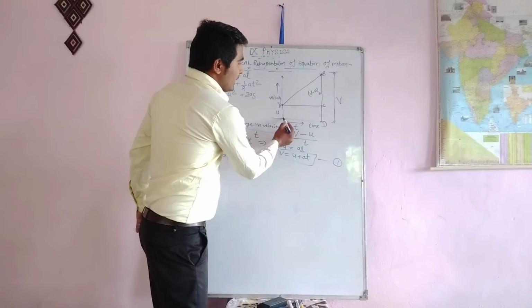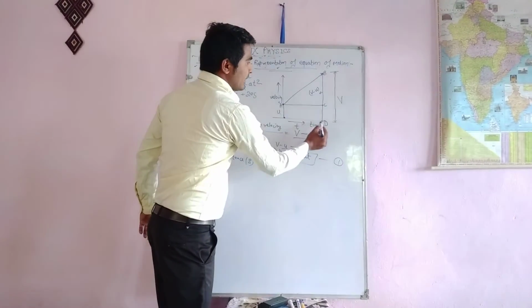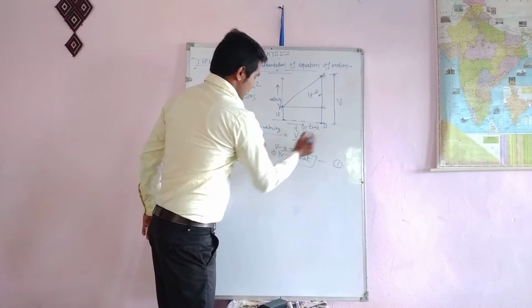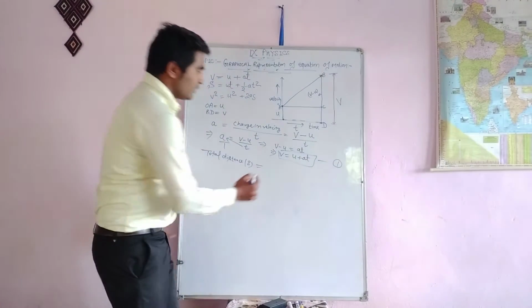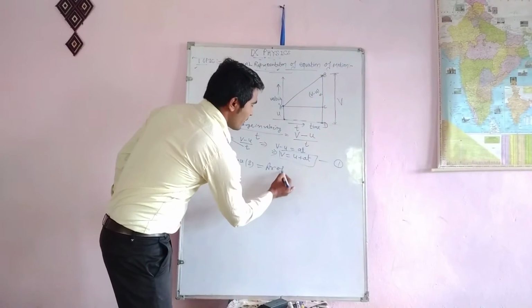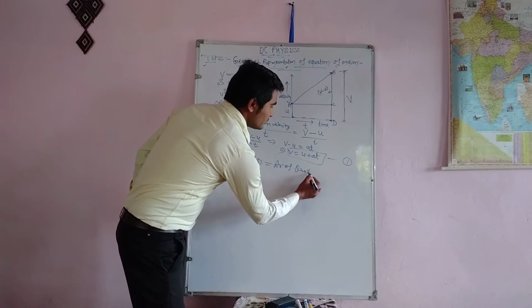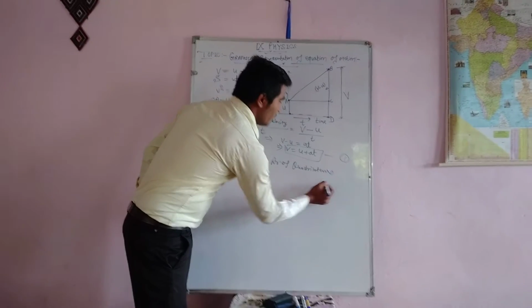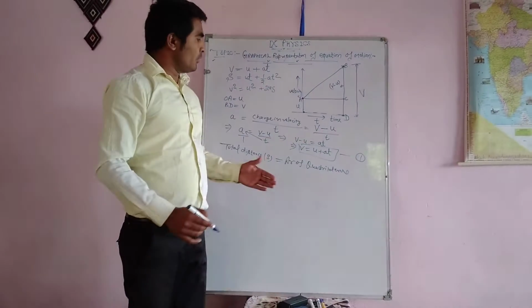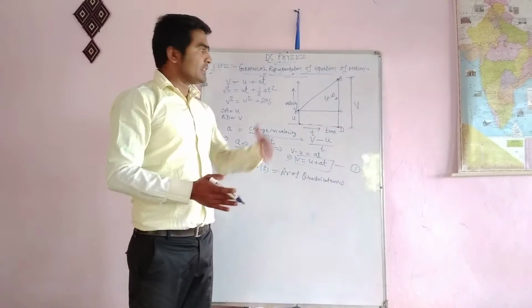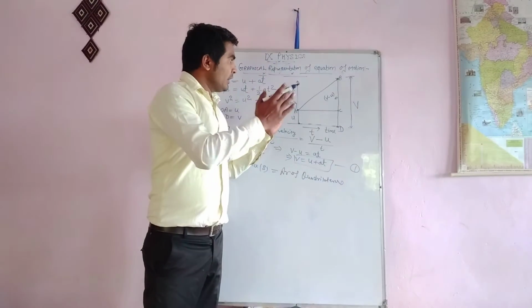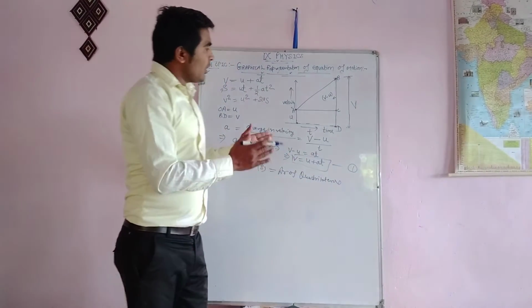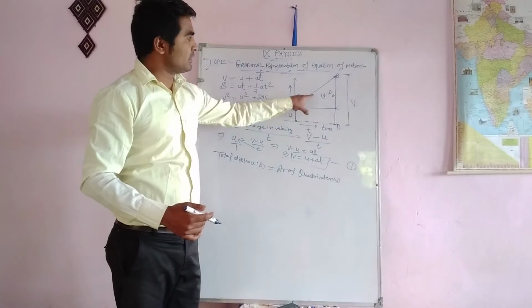Here we get a quadrilateral, so the distance traveled by the object will be the area of the quadrilateral.